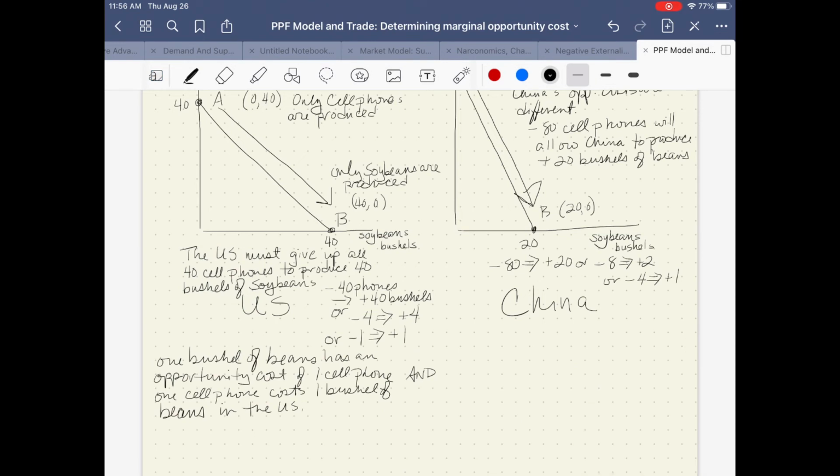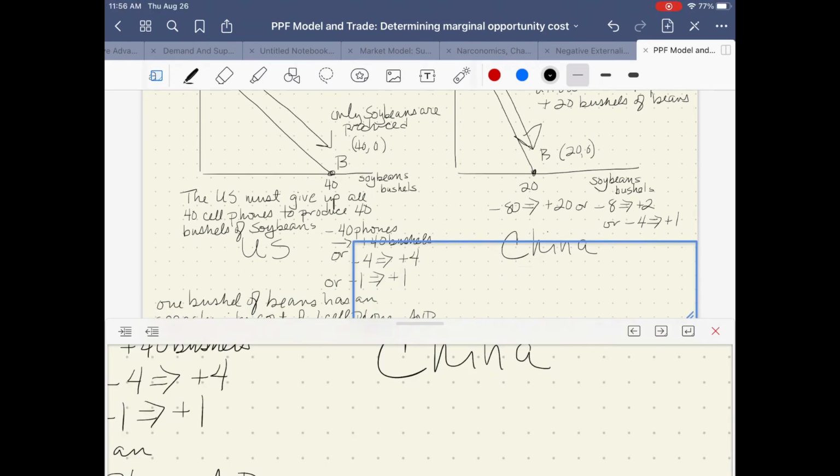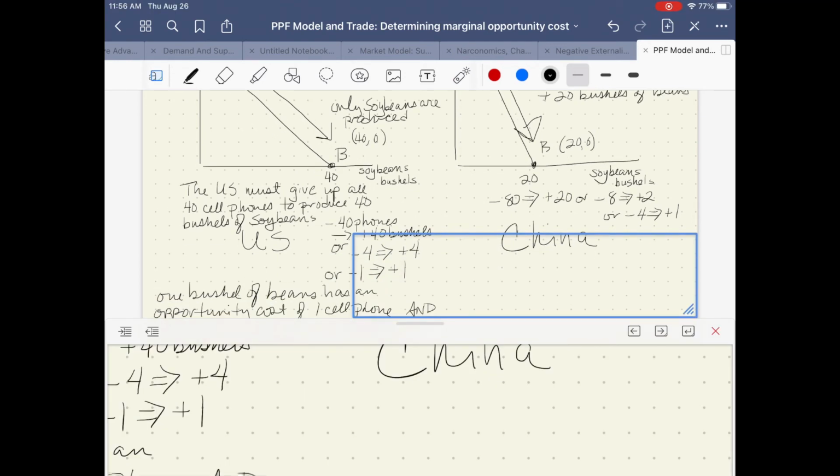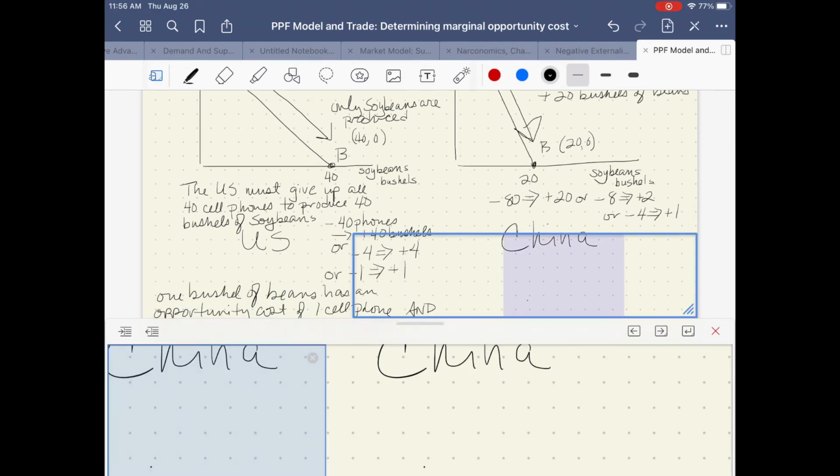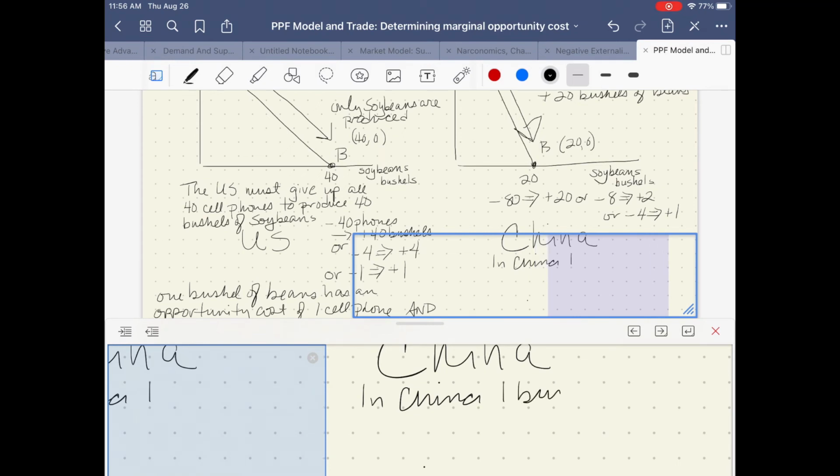So in China, soybeans cost 4 times as much to produce compared to the US. China gives up 4 cell phones and only can produce 1 bushel of soybeans. The United States only has to give up 1 cell phone to produce 1 bushel of soybeans.